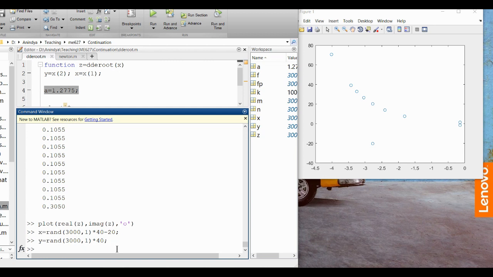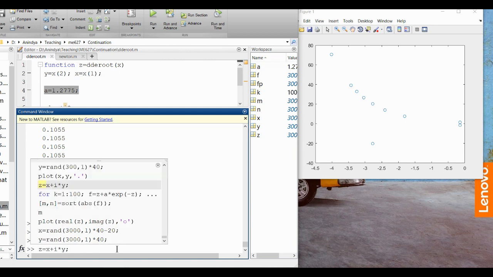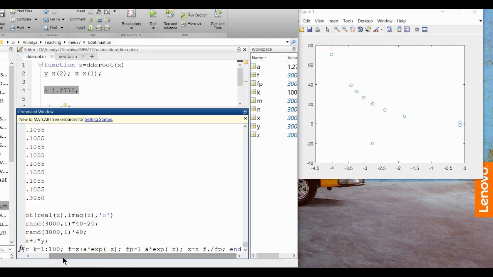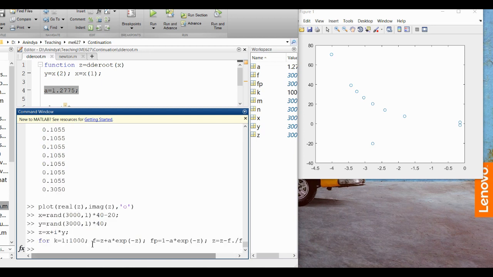And then I have z equals that, and then instead of 100, I go to 1000 iterations. And I've done that, and then I say mn.